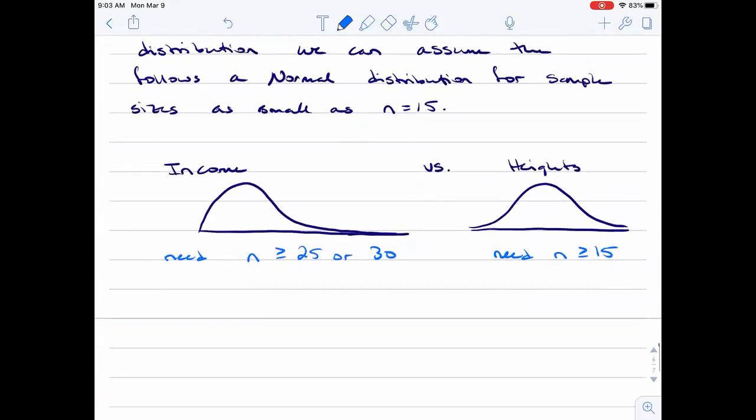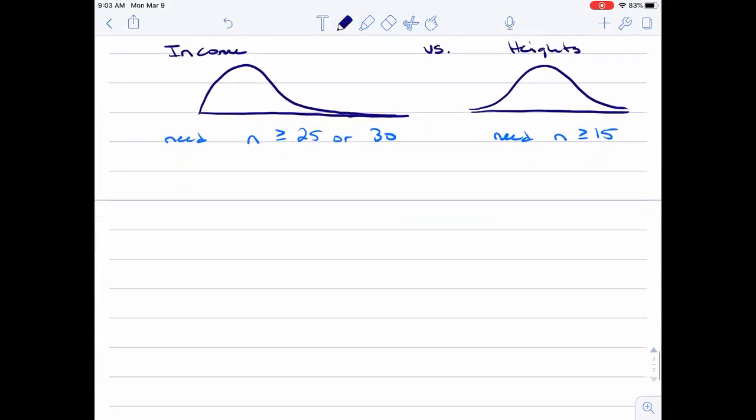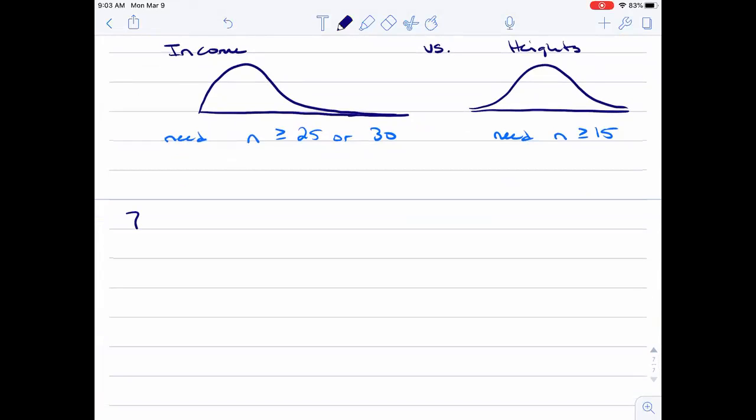All right. So now that we've talked about, okay, we know the distribution of the mean observation, what I want to do quickly here is start into 7.2, which is on confidence intervals.